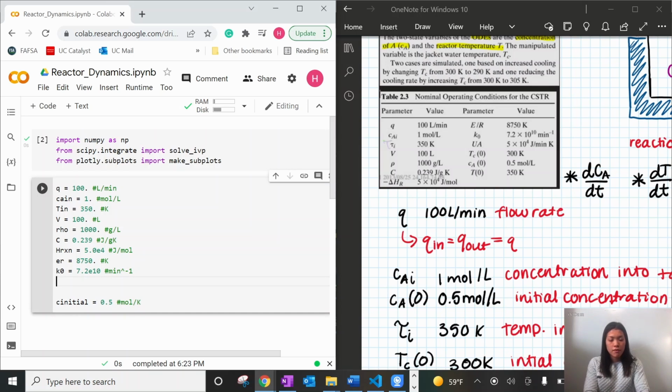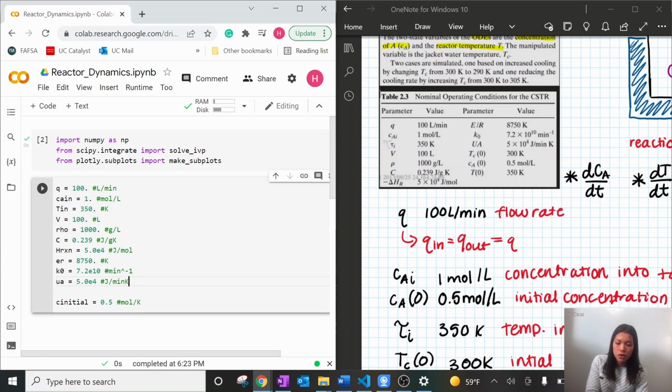And then we have our heat transfer constant, and that is 5 times 10 to the 4th joules per minute Kelvin.